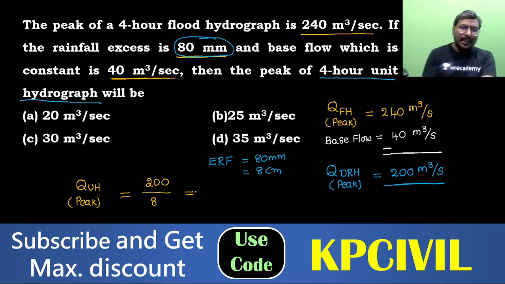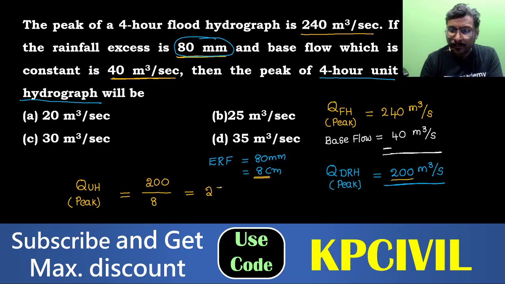DRH is 200, effective rainfall is 8. Peak of unit hydrograph, I can say 25 meter cube per second.